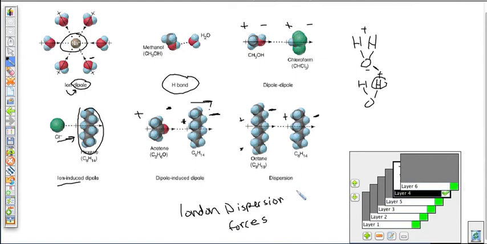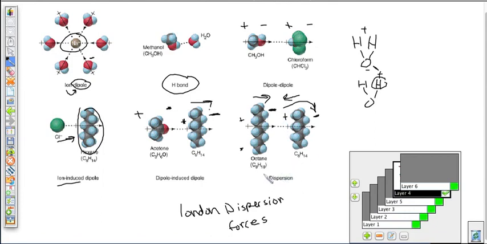London dispersion forces always occur between normally nonpolar molecules. They're very, very weak, very momentary. The only way to make them actually last is to cause so much pressure in between these that you shove them together enough where the negatives from this side push the negatives from this side over. So with something like nitrogen gas, you can cause it to become a liquid by super pressurizing it.